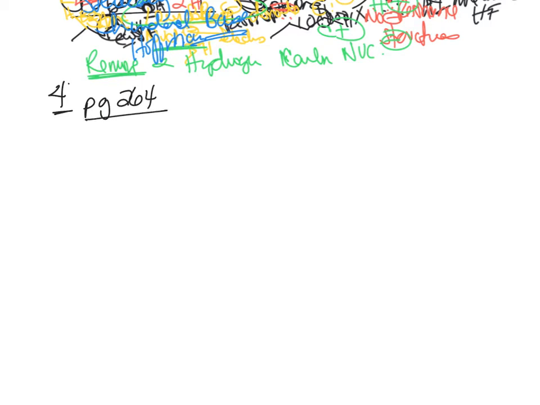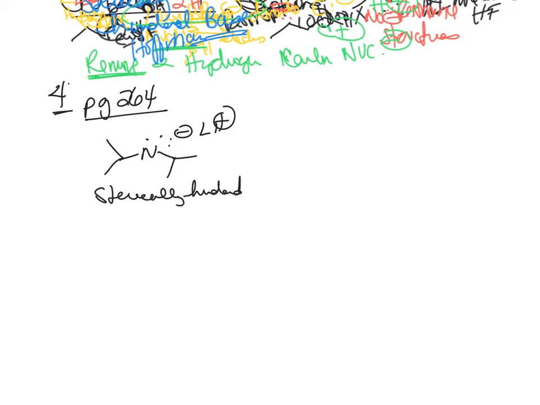Determine which of the compounds would act predominantly as a base, a nucleophile, or both. So you have this one, and this one's sterically hindered, LDA. You need to know that structure, and this would be predominantly a base. Okay, it's too hindered to act as a nucleophile. That nitrogen cannot get in with its lone pairs to attack a carbonyl.